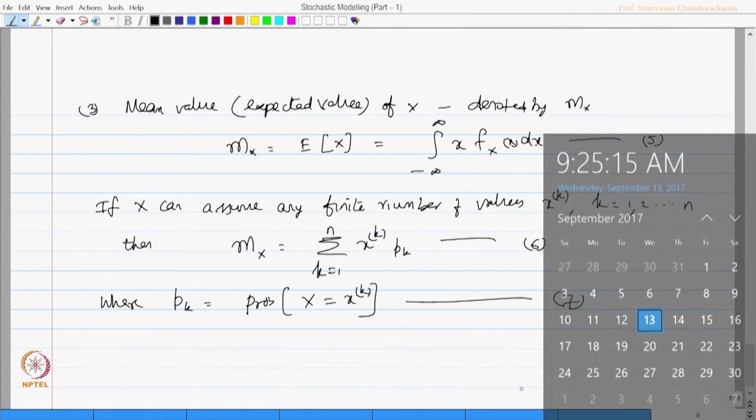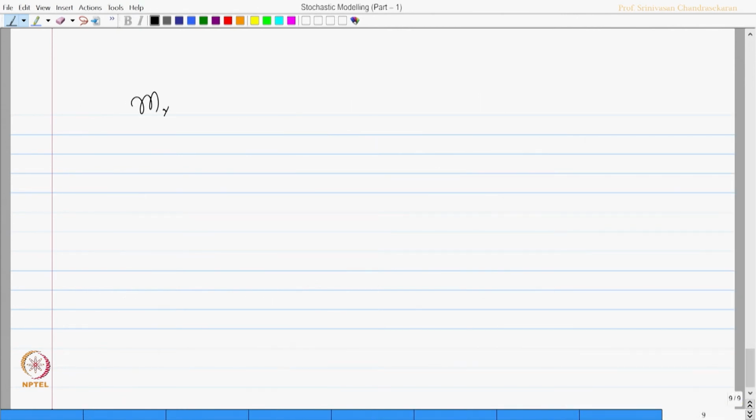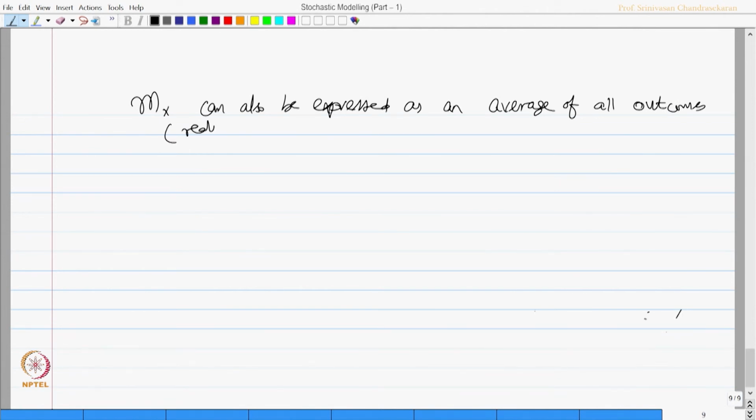Interestingly friends, mx can also be expressed as an average of all outcomes. So, let us insist on the word realized values, because realization is an outcome of a given process. All outcomes, say for example, x1, x2, xj.